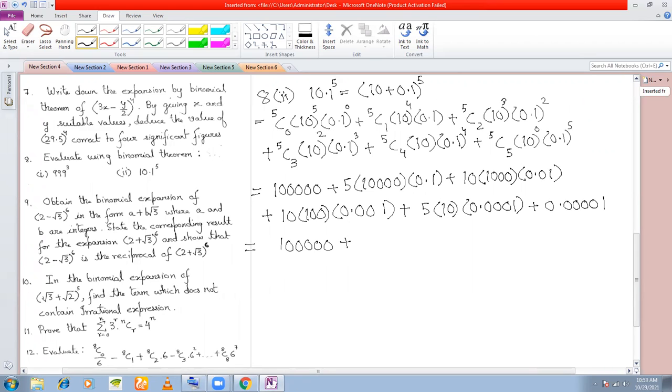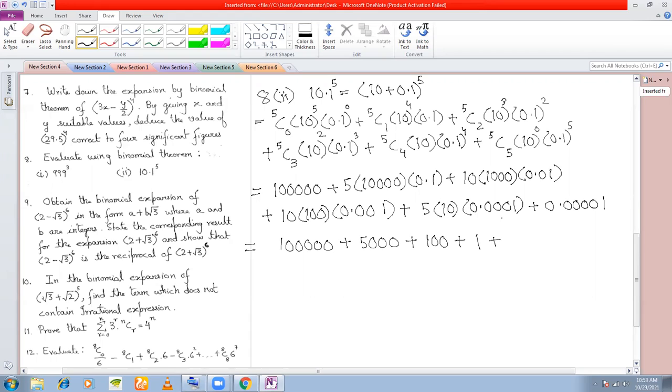So now you have 1 followed by 5 zeros, and here you have 50,000 into 0.1 which will give you 5,000, plus next you have 10,000 into 0.01 will simply give you 100. Next you have 1,000 into 0.001, this will simply give you 1.